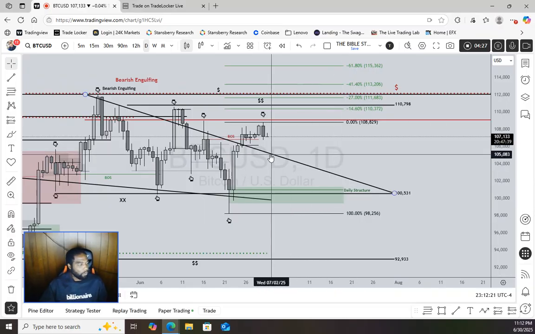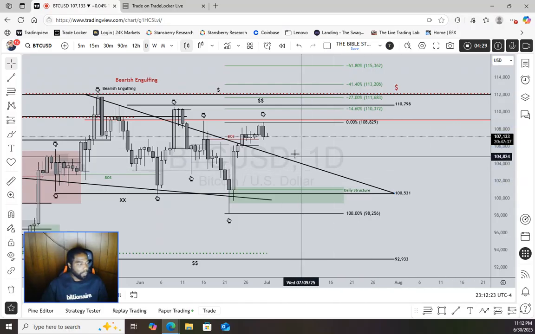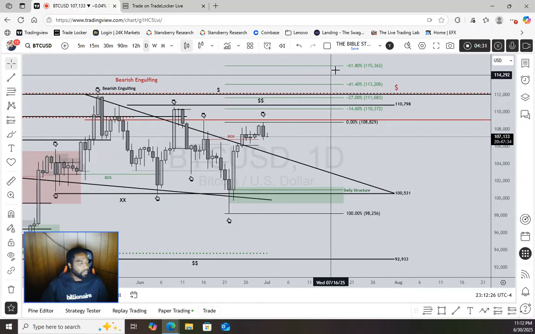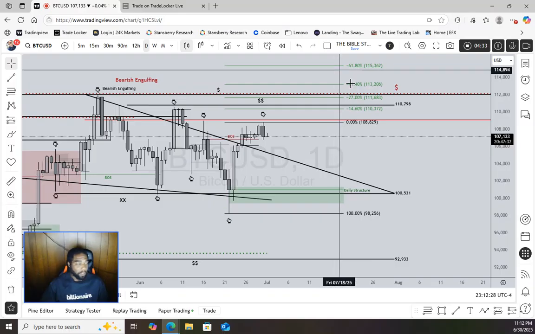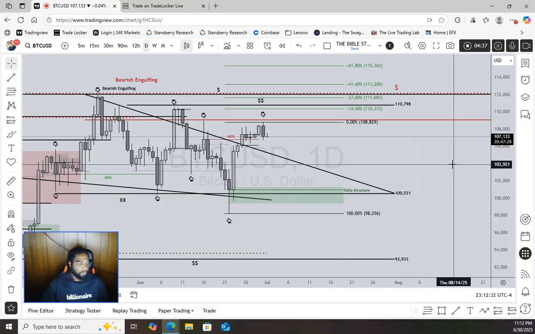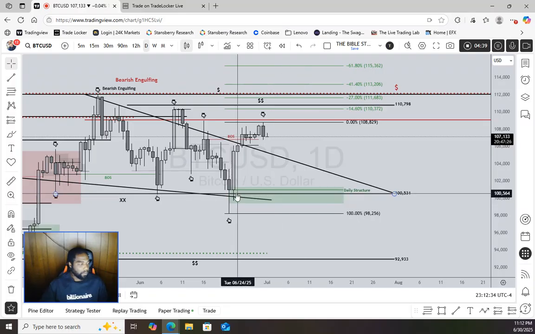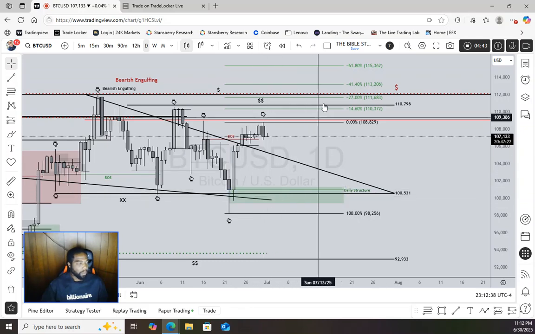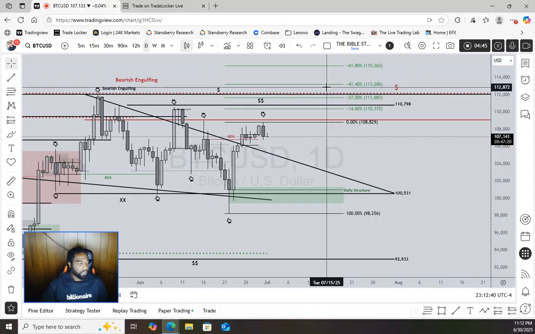Now, of course, we have this retracement trend line. Then price can come down, retest, and encounter its continuation. And then we have the snipe zone, daily structure here, that can cause price to encounter its continuation.